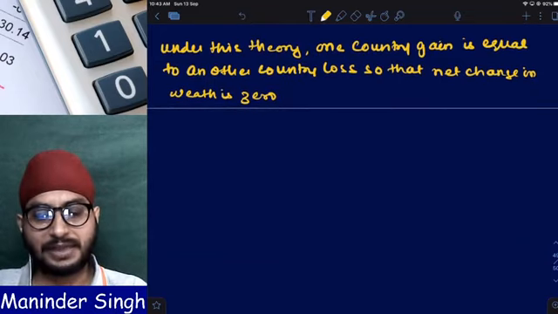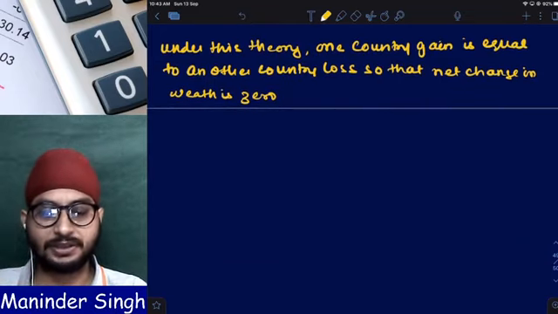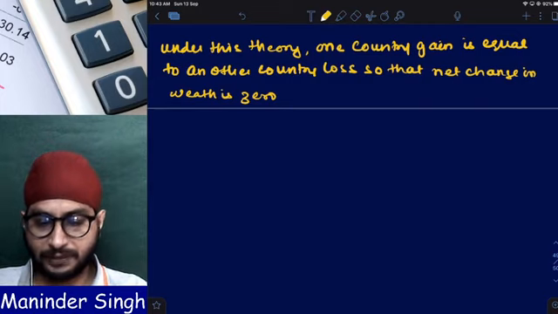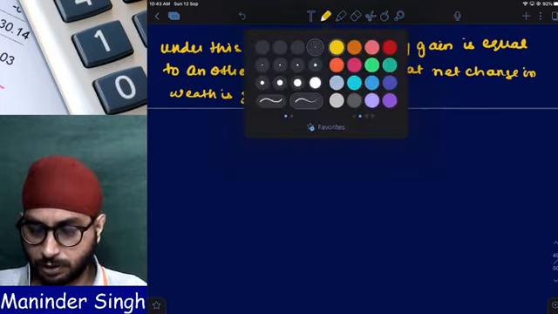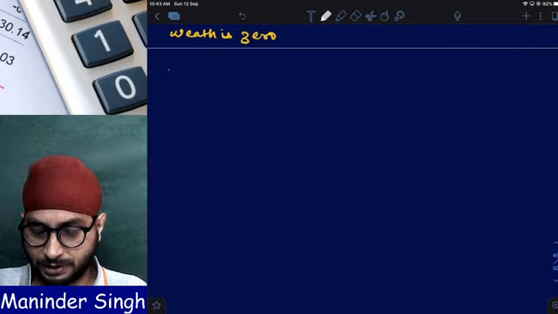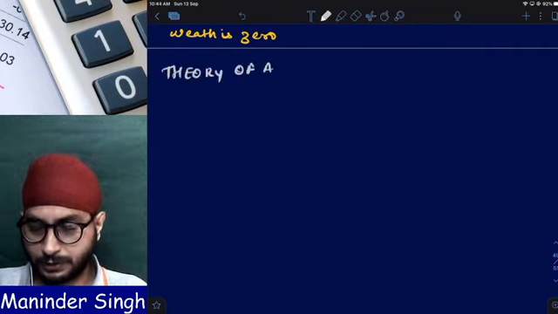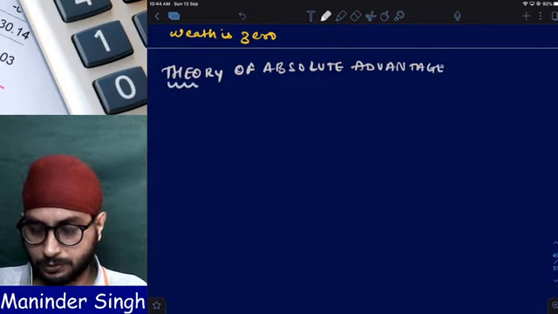Now let us see what Adam Smith has told in his theory. The theory given by Adam Smith was the theory of absolute advantage. The second theory was the theory of absolute advantage. Clear?